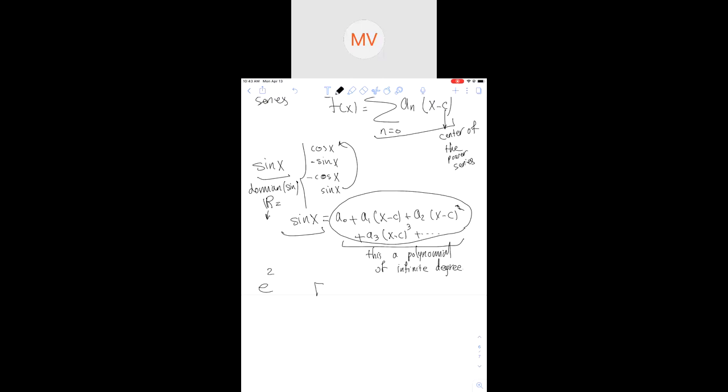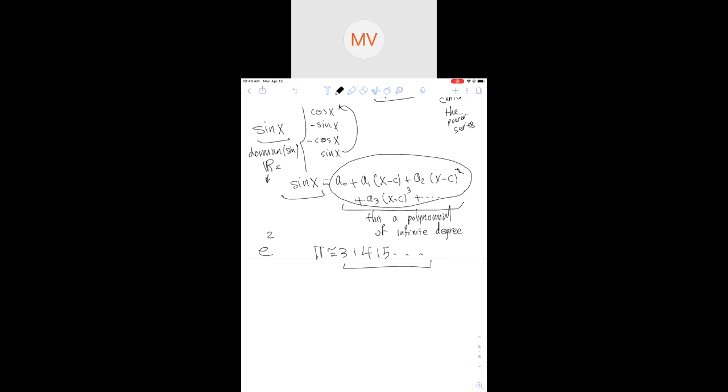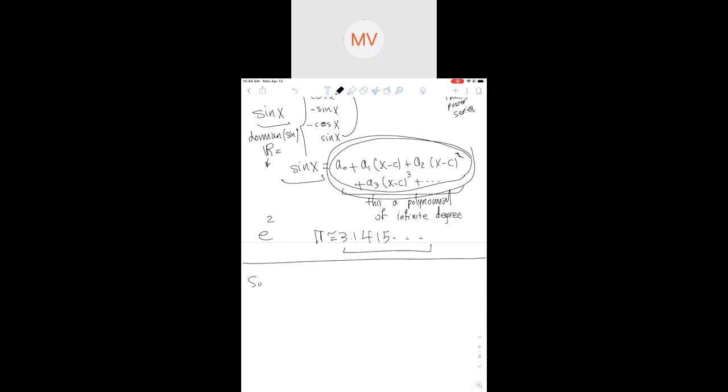When you punch pi in your calculator and you see 3.1415 and all those digits, that's not the exact value. That's only an approximation of pi. Now, how is that approximation calculated? By these Taylor series or Maclaurin series, as we call them later. Okay? All right. Let's go back to that theorem.